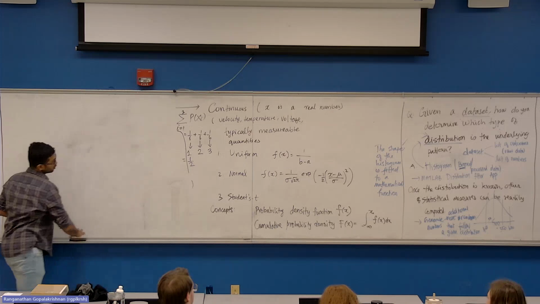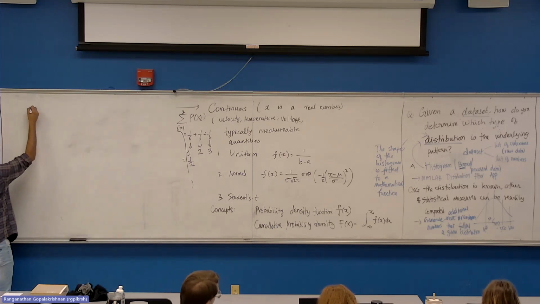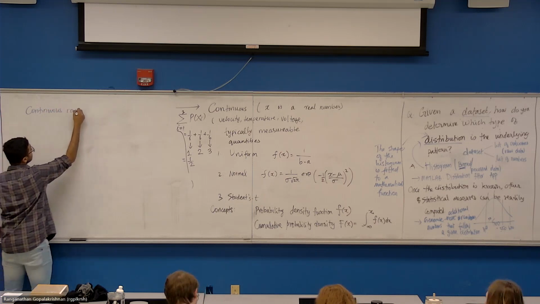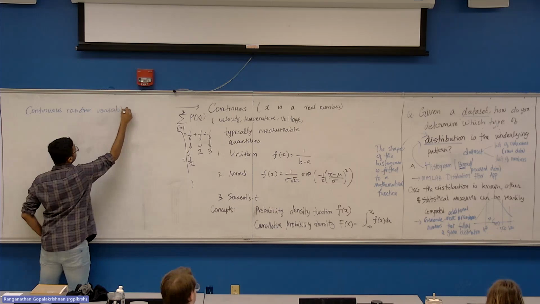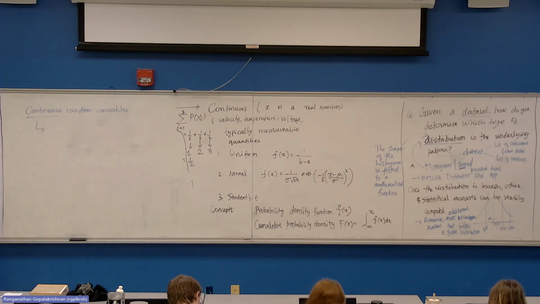All right. So we'll start with the concepts. Okay. So when we talk about continuous random variables, the word continuous is important. We are talking about a quantity which is not an integer, like a velocity or a temperature or something. Something that's usually measurable.